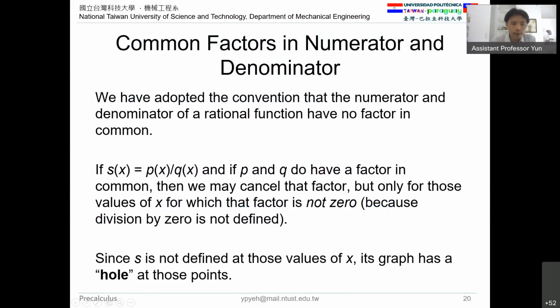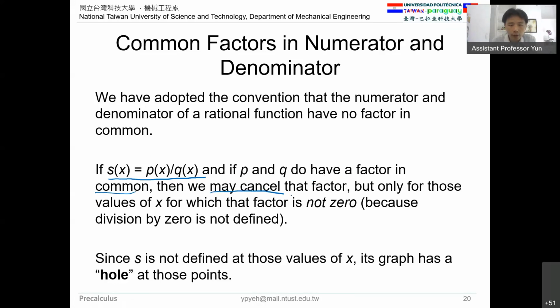What I would like to express is this: if we have s of x equals p of x divided by q of x, right? And if p and q do have factors in common, then we may cancel.